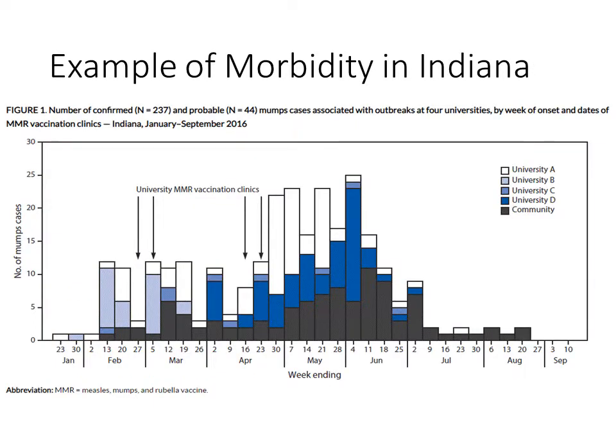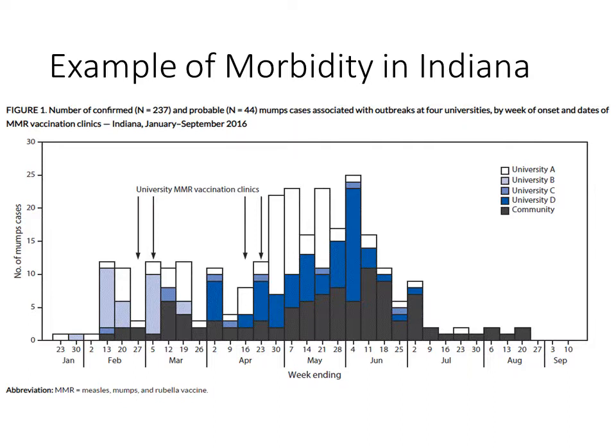Another example here in contrast is morbidity in Indiana. Over here we've got cases of mumps that were associated with outbreaks at some universities, and this was actually from a couple years ago.